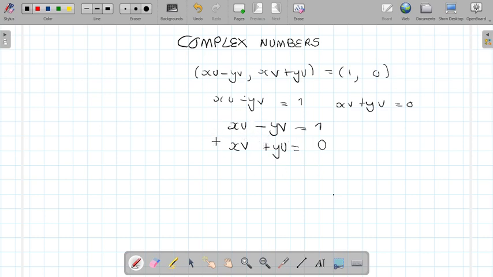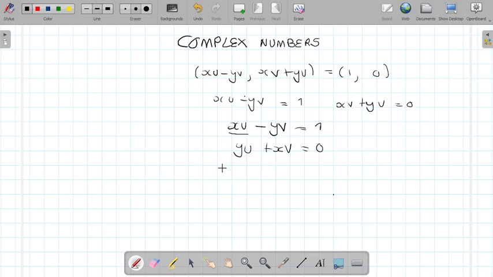Notice that we have to eliminate one part. Now, how are we going to do that? Notice the way I've written this. We have xu, we have xv. I've just said that u and v are unknowns, so we just have to change position. So let's just have u here and v. Now let me write the second part the way I have said it: yu plus xv is equal to 0.